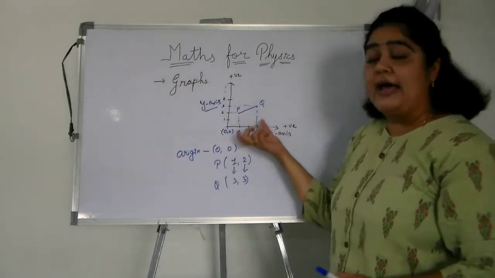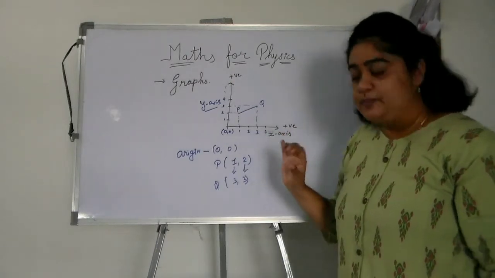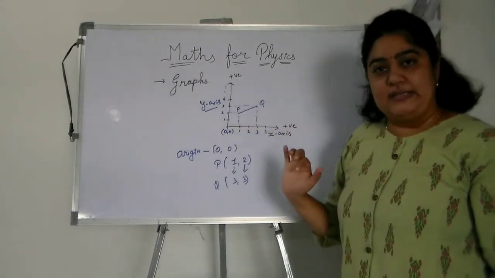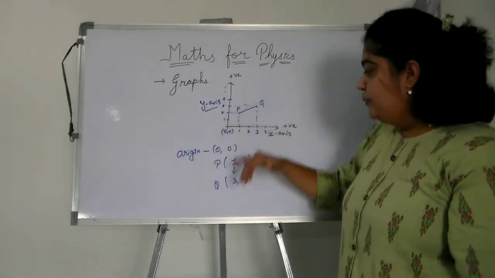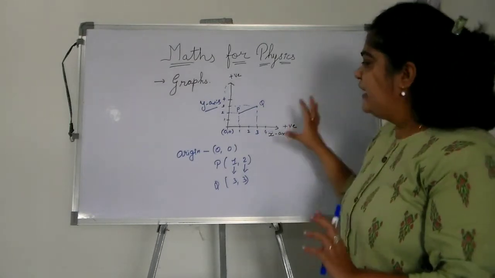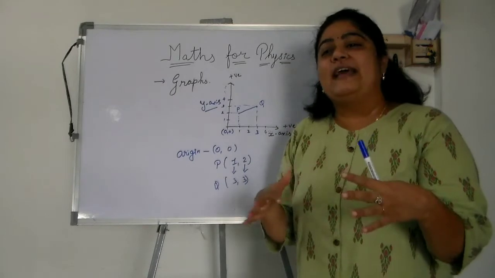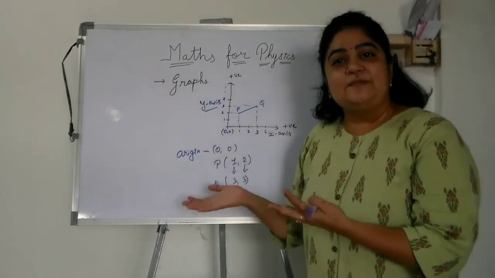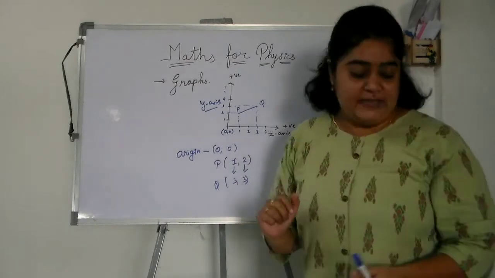I have plotted a line on this Cartesian coordinate system joining 2 points whose coordinates are 1, 2 for P and 3, 3 for Q. So this is very basic, fundamental, which you all know, and you might feel like, why is ma'am teaching this? But slowly and steadily we will go to the next phase.